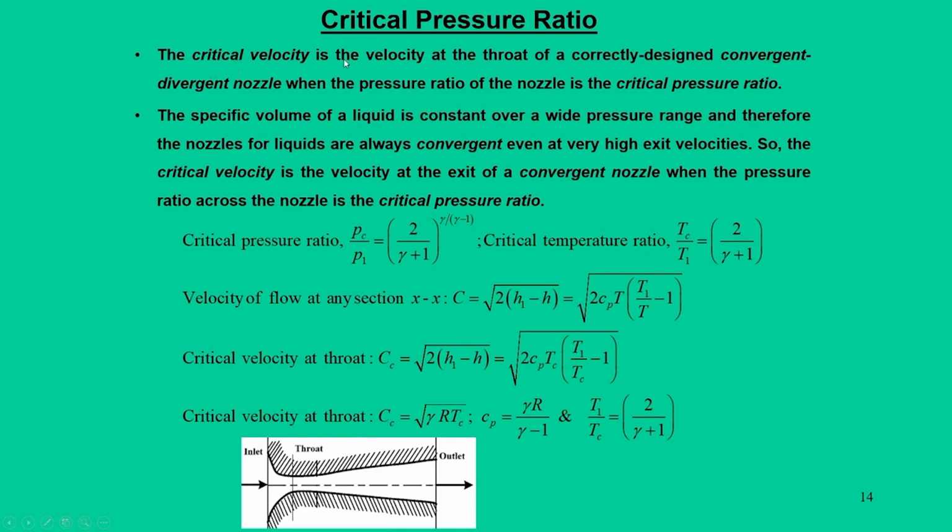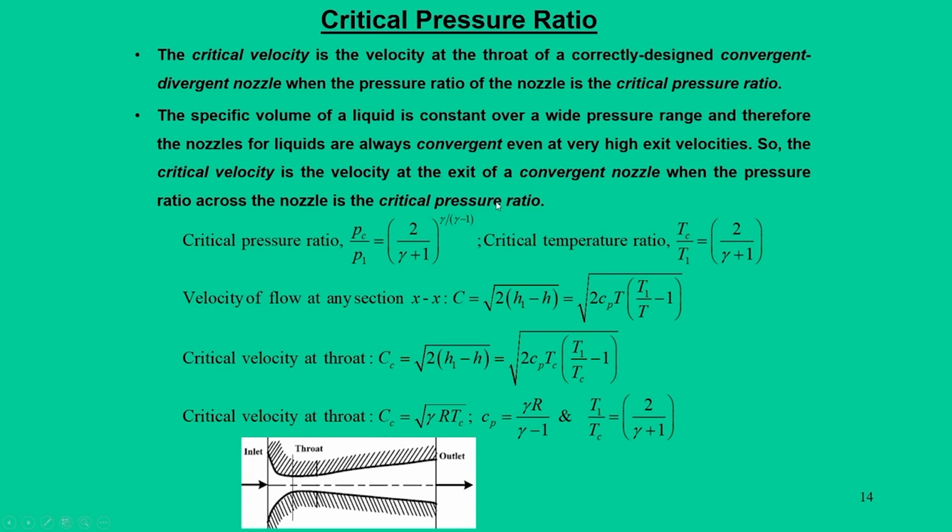The critical velocity is the velocity at the throat of a correctly designed convergent divergent nozzle. Why do I say convergent divergent nozzle? In our previous analysis we saw that area decreases initially and then increases further. So, it is initially a convergent, then a divergent nozzle, when the pressure ratio of the nozzle is the critical pressure ratio.